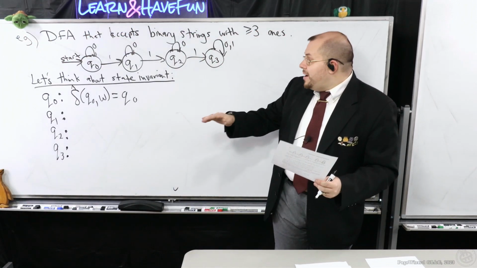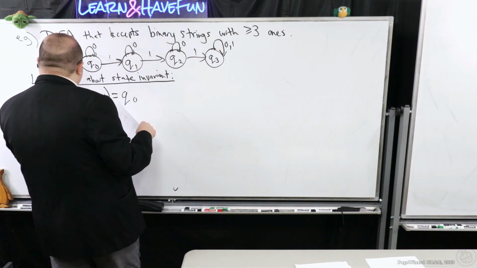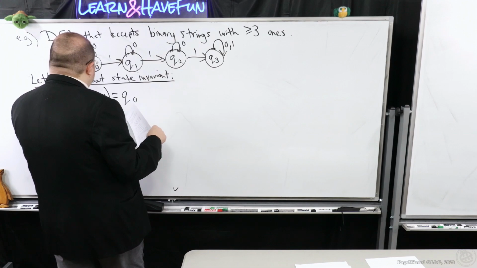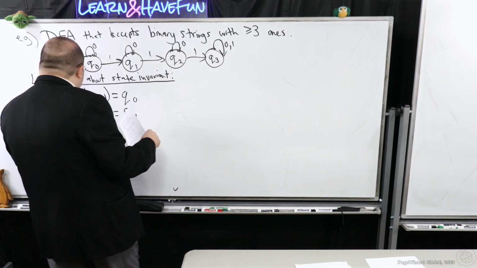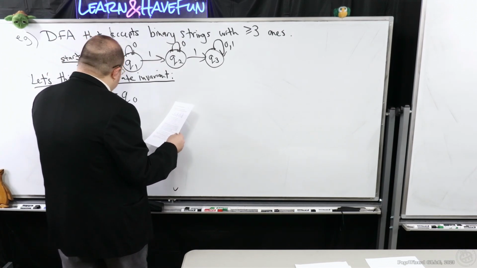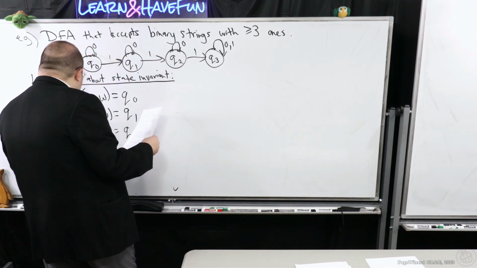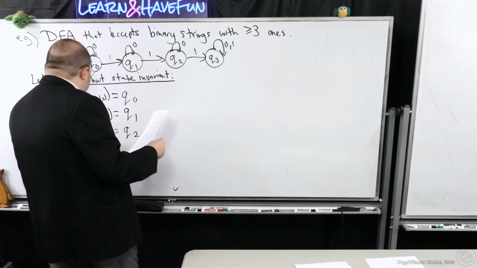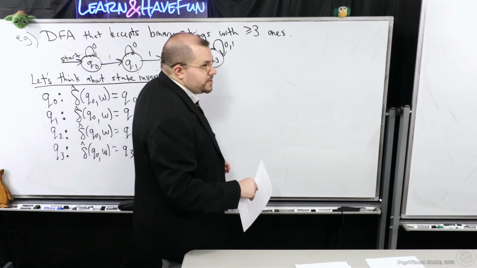So I have Q0, and upon processing string W, I would like to be able to say something about Q1, and upon processing string W, something about state Q2, and of course, something for Q3. So let's think about this carefully.